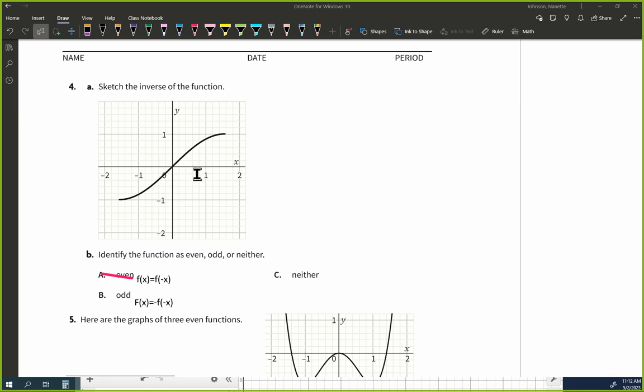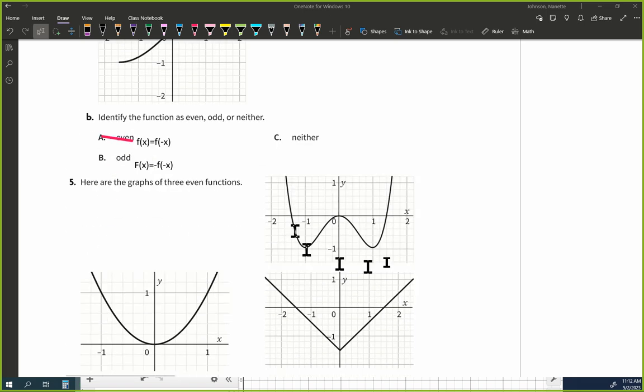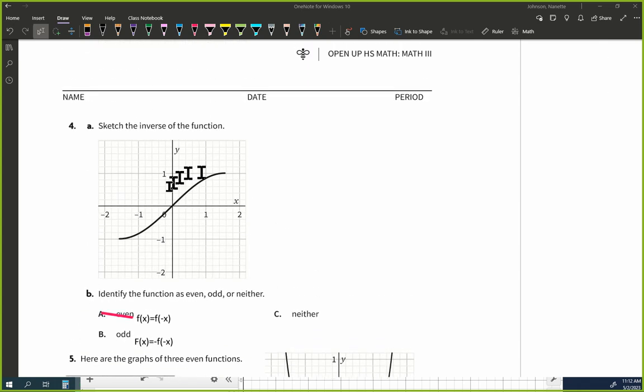Very good. This is what we call rotational symmetry. Rotational symmetry means I can spin it and it'll land on itself. Reflection symmetry, or symmetry across an axis, means you can reflect it and it'll land on itself. Does that make sense? Here, if I rotate this exactly 180 degrees, it will land on itself.